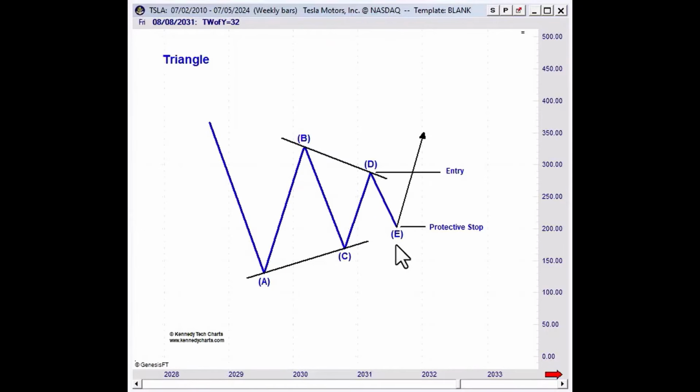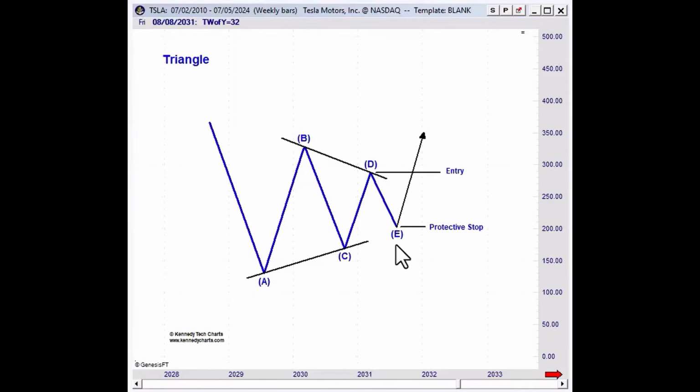So heed my warning on that. Just because you can count 5 waves up and done doesn't necessarily mean you have 5 waves up and done. Look for the confirming price action, because by waiting for it, by giving a pattern another, say, 1 to 3 trading days to complete, it will serve you well in the long term.